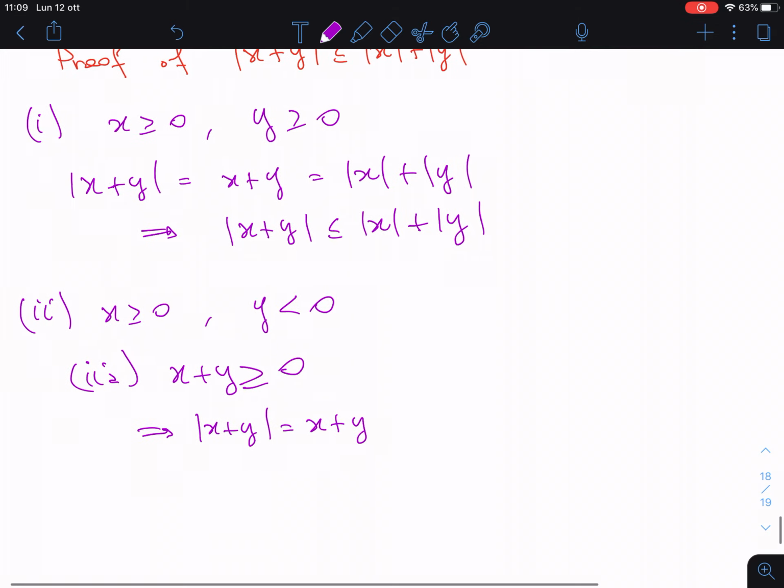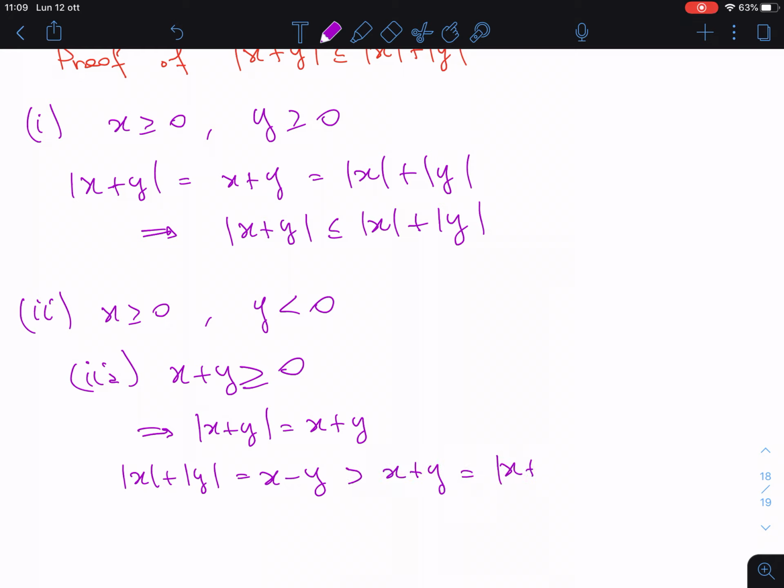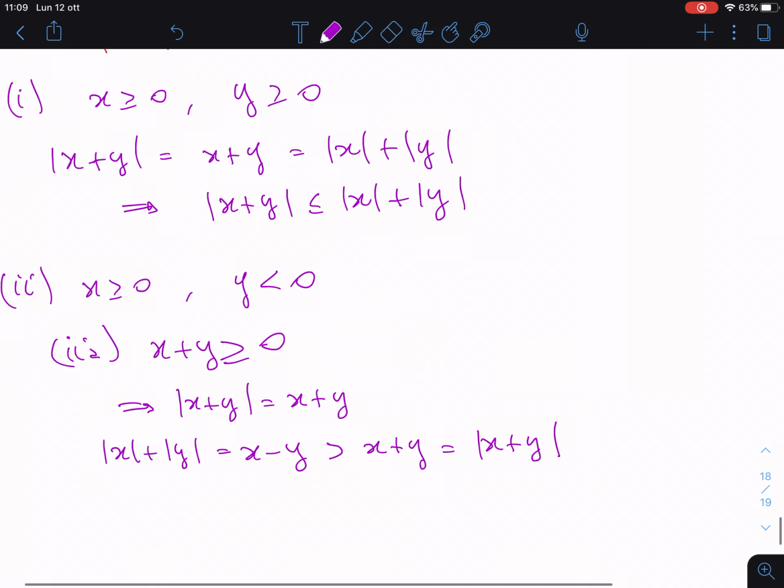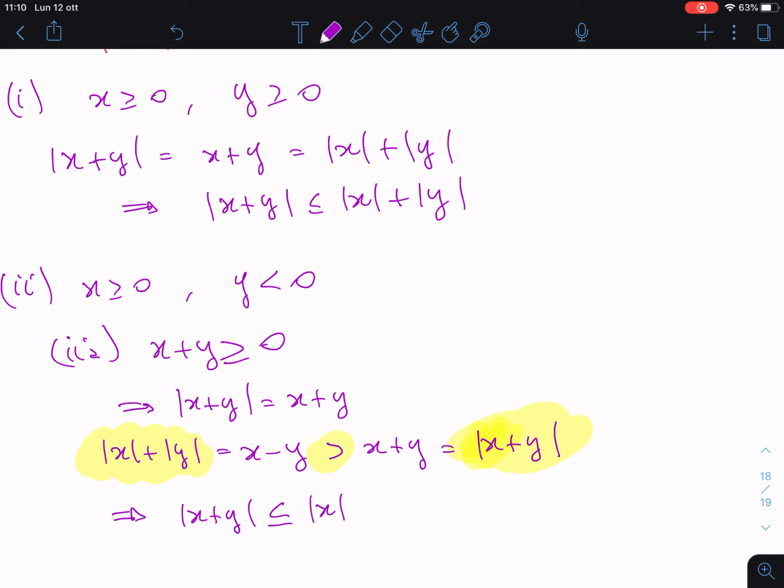And on the other hand, modulus of x plus modulus of y is equal to x minus y. Since y is negative, this is larger than x plus y, which is equal to x plus y. So you end up with reversing this inequality, the absolute value of x plus y less than the sum of the two absolute values, so x plus y less or equal modulus of x plus modulus of y, and so on and so on.